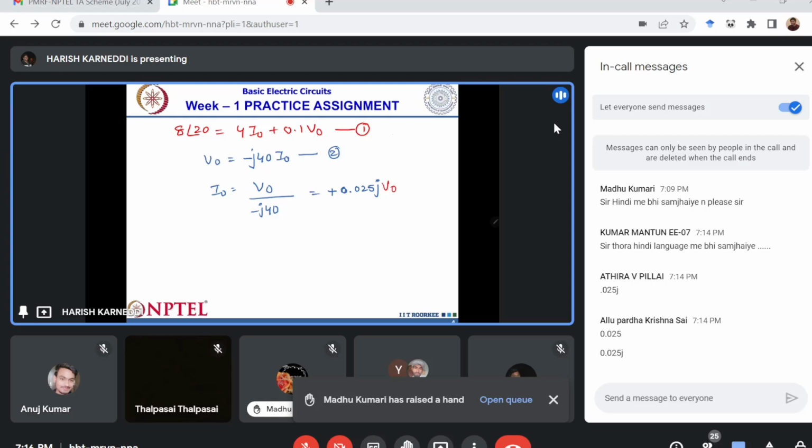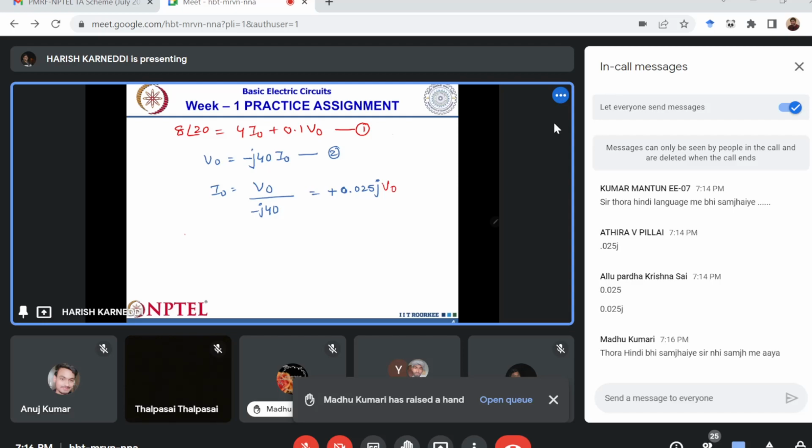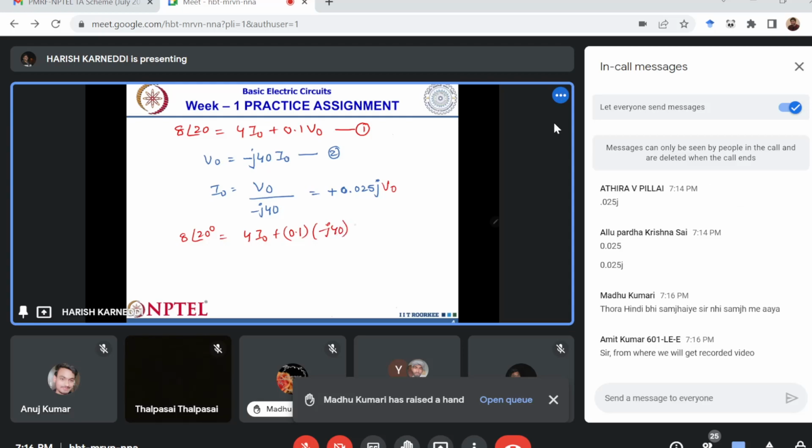Okay, we can substitute these equations in equation 1. It is 8 at an angle of 20 degrees equal to 4 I naught plus 0.1 into V naught, which is minus J40 I naught, which equals 4 I naught minus 4 J I naught, since 0.1 into 40 is 4.